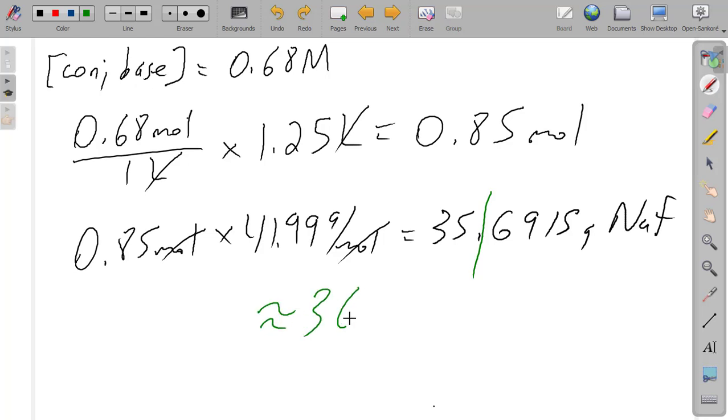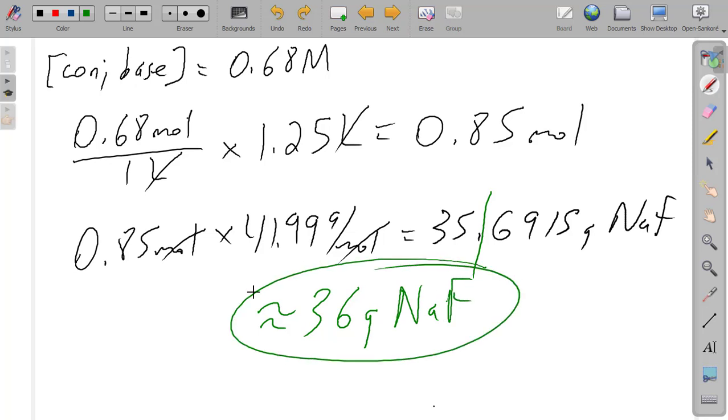This is approximately 36 grams of solid sodium fluoride. So if you weigh out 36 grams of sodium fluoride and you add it to 1.25 liters of 1.00 molar hydrofluoric acid, you will have a pH of 3.00. This concludes Lecture 3.